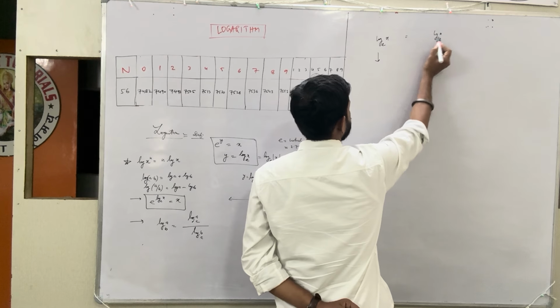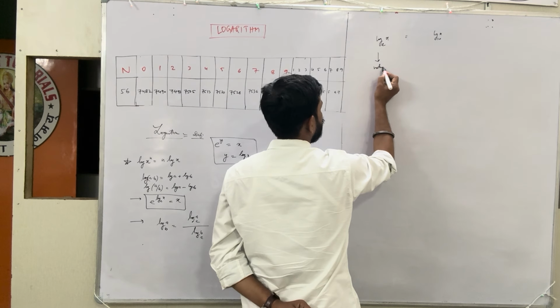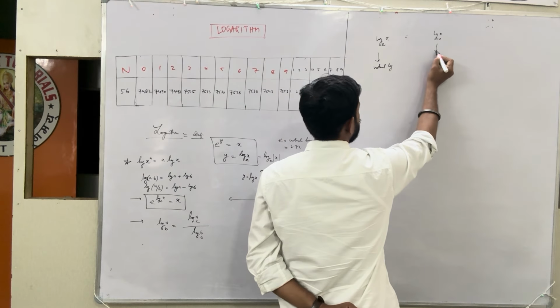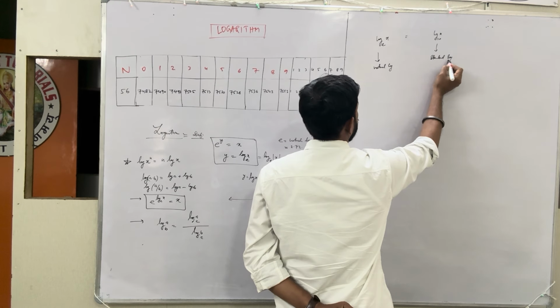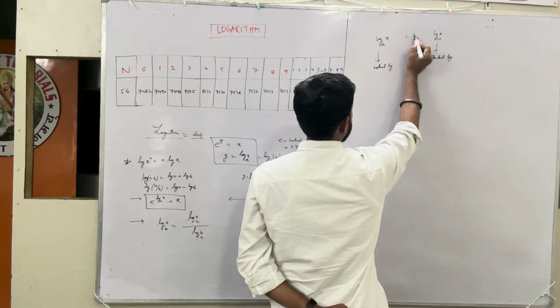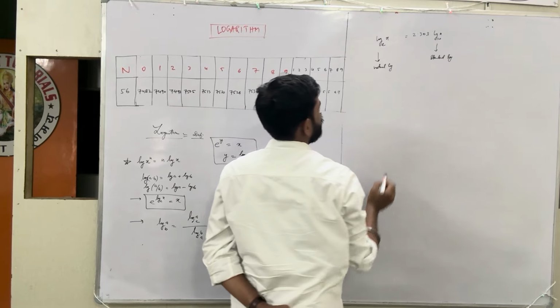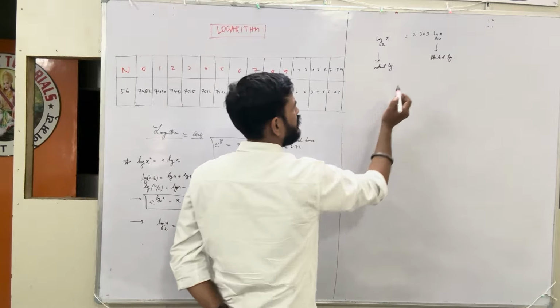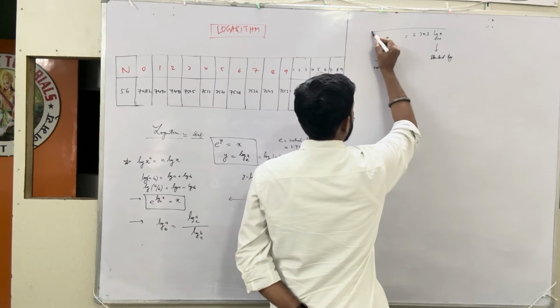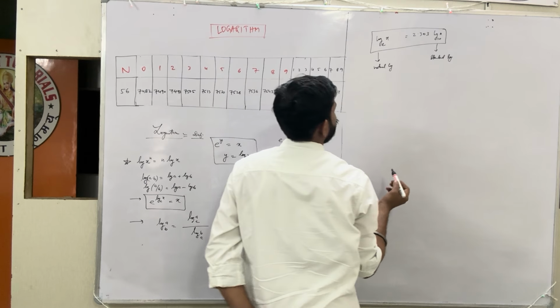This is known as the natural log and this is known as the standard log. They are related by the factor 2.303: log base e of x is equal to 2.303 times log base 10 of x.